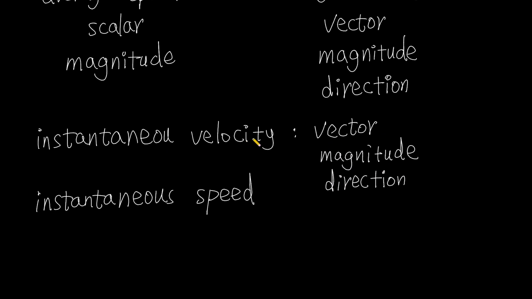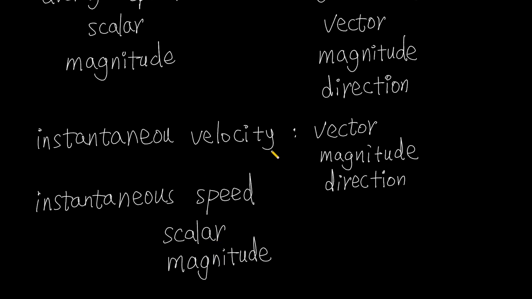The instantaneous velocity can be positive, can be negative, can be zero. And instantaneous speed is a scalar. It only has magnitude. And the instantaneous speed can only be positive or be zero. It cannot be negative. It cannot be less than zero.